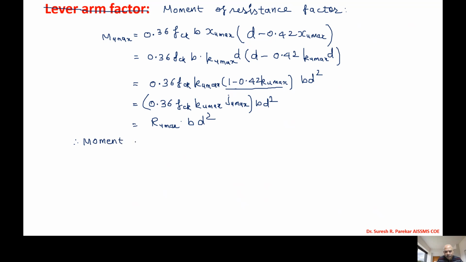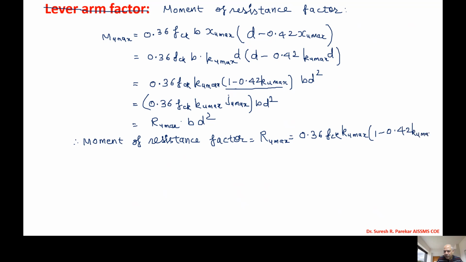resistance factor, which is equal to Ru max, and that is equal to 0.36 fck into Xu max in bracket 1 minus 0.42 Xu max, or we can write it as like this also, 0.36 fck Xu max into Ju max.